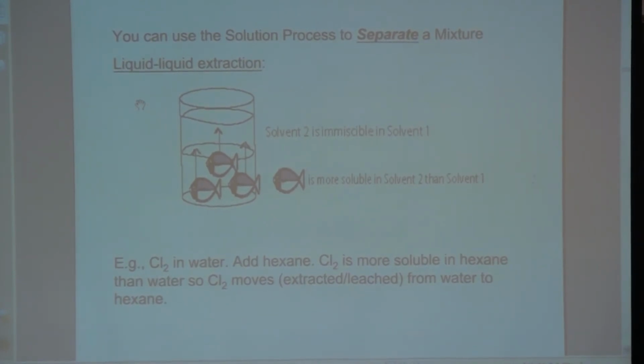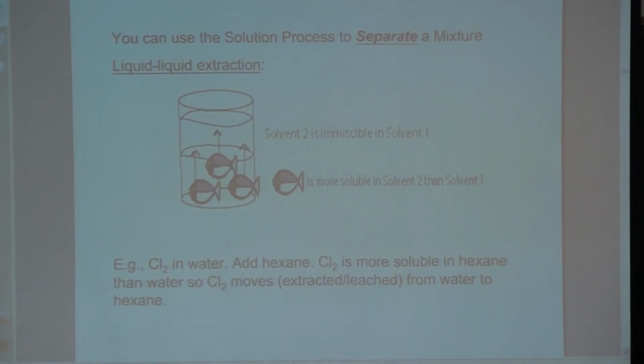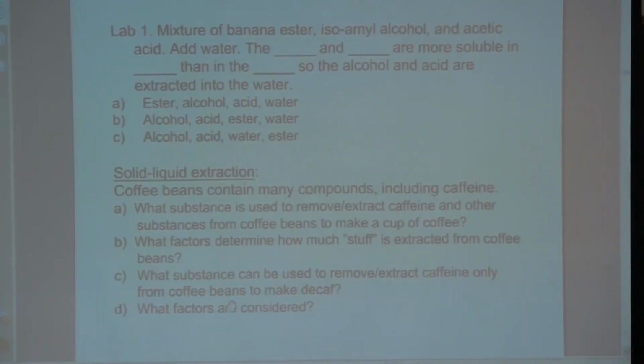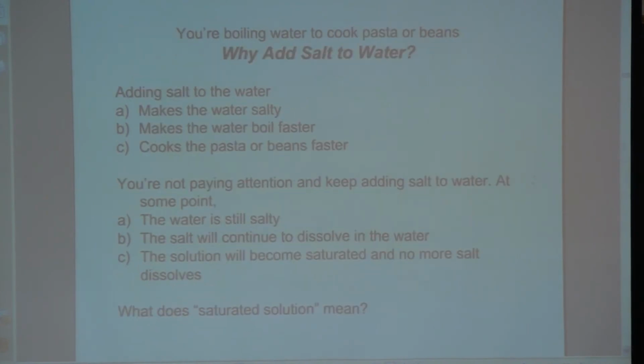So what's more soluble in water than in the solid coffee beans? Caffeine and the stuff that makes it brown. Yeah, all the other stuff in the coffee is more soluble in water than in the coffee beans. Okay, so we talked about that.